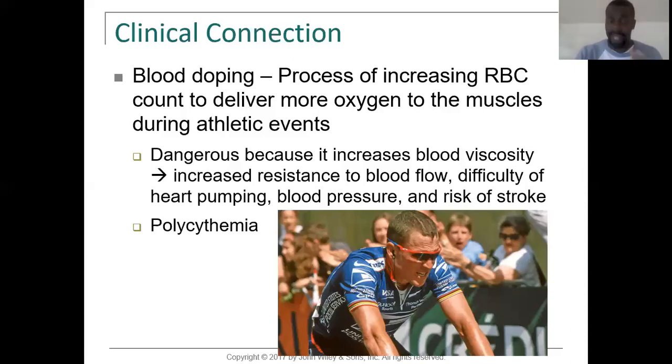Because it has to pump a lot harder, that increases the blood pressure, and then it also increases the risk of stroke. Okay? So this is not really something you want to be doing because there's a lot of potential side effects that could go wrong with this. And any individual who does go through blood doping usually has to go through it under very close supervision of a physician to make sure that none of these processes end up happening.